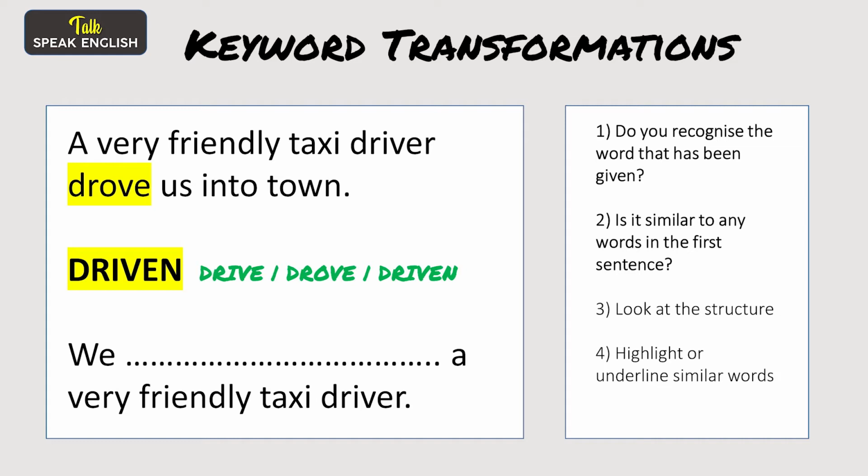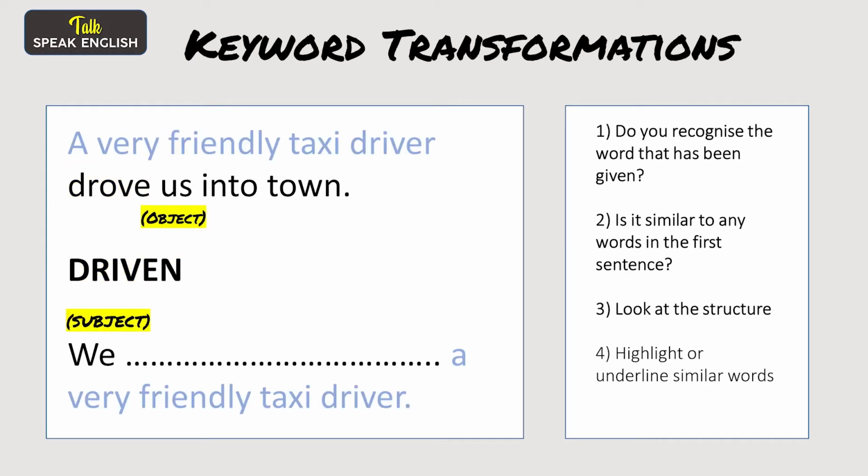When we think of verbs in the past participle form, one of the main areas of language that comes to mind is passive sentences. So this could be an active to passive example. But let's keep looking for more clues. We can also see that the object pronoun us in sentence 1 has changed into the subject pronoun we in sentence 2.